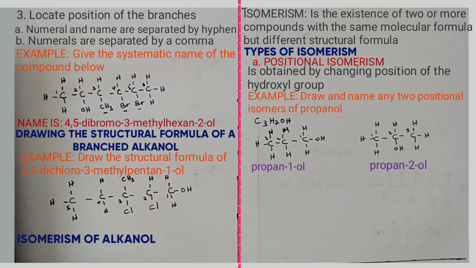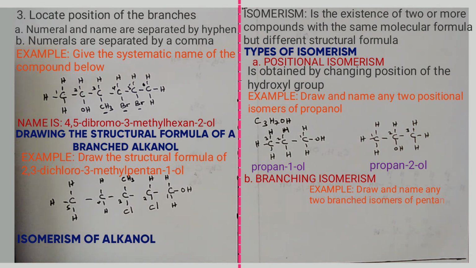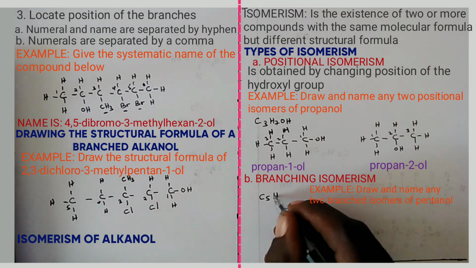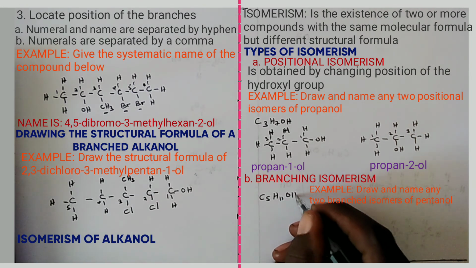Now the next isomerism is called branching isomerism. This one is obtained by modifying the structural formula of the preceding isomer. For example, I'm told to draw and name any 2 branch isomers of pentanol. Pentanol, the molecular formula is C5H11OH.